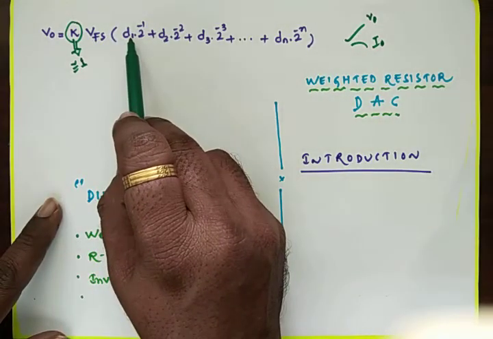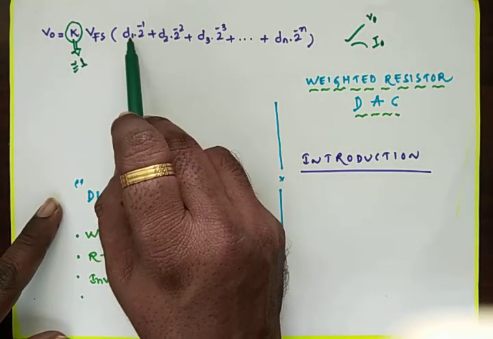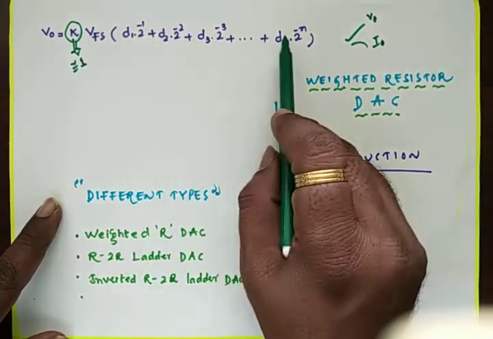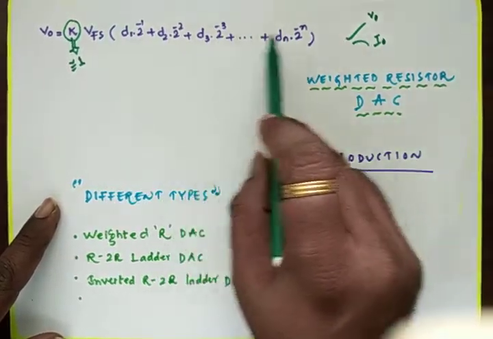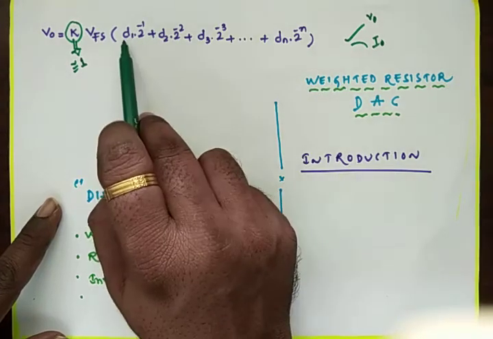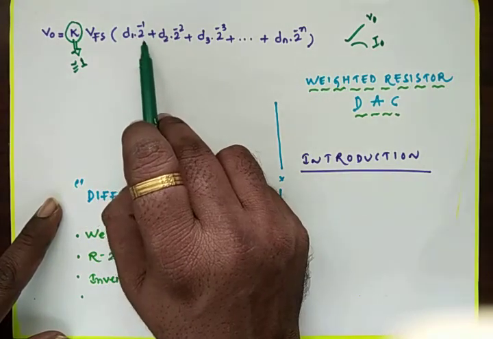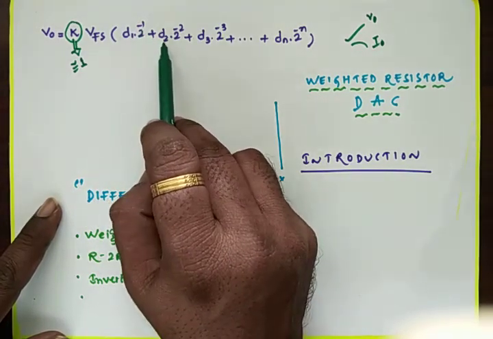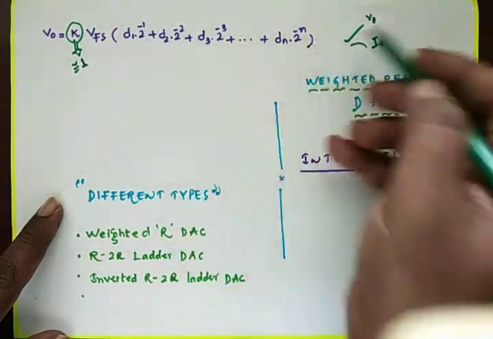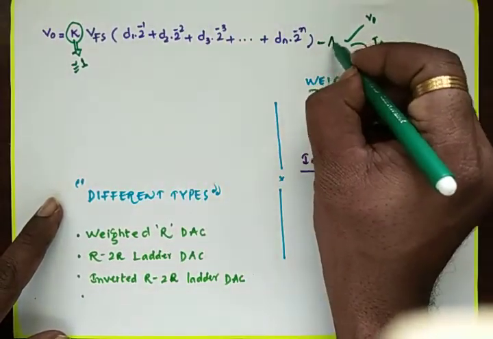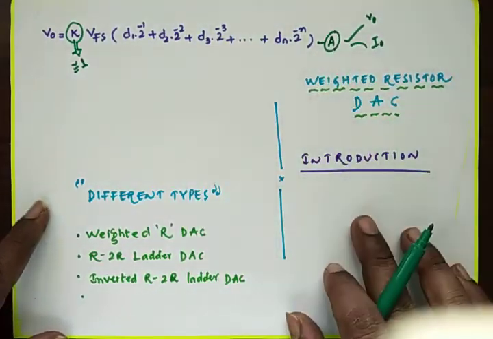Assuming n bits in that data, D1, D2, D3 up to Dn, it is D1 times 2 to the power minus 1, plus D2 times 2 to the power minus 2, and so on. Like that we have the standard equation of that particular conversion.